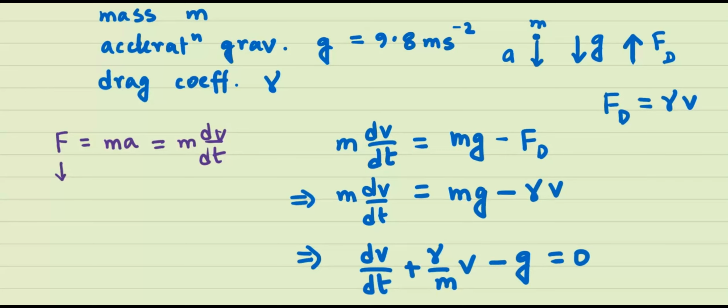So this is the form of the differential equation that we have been looking for. Notice this equation involves only velocity as a function of time and not the position. So the whole equation is a differential equation of the function v of t.